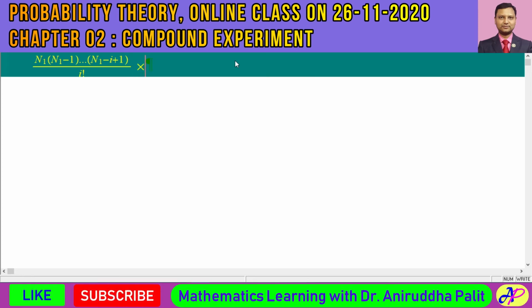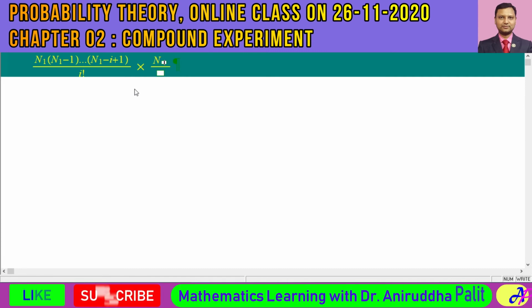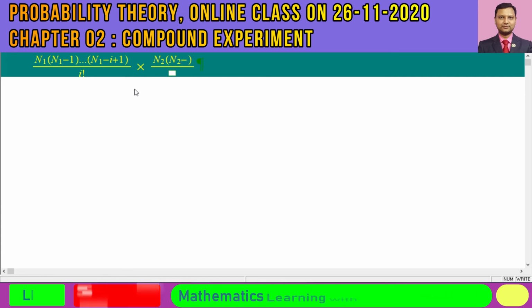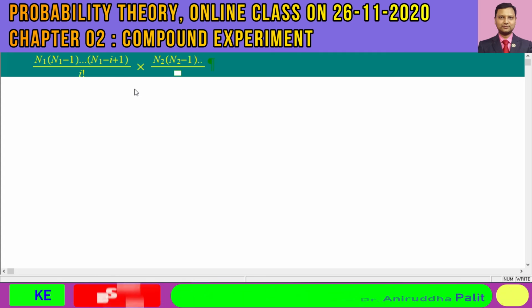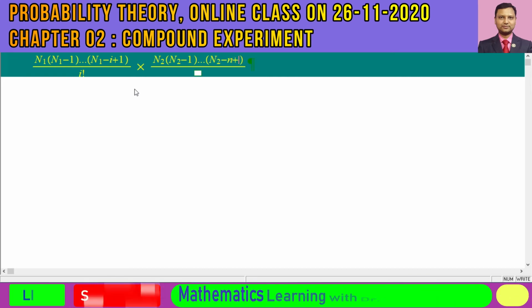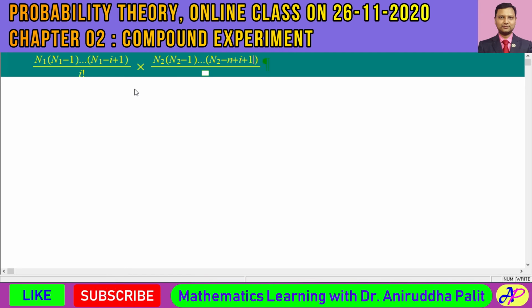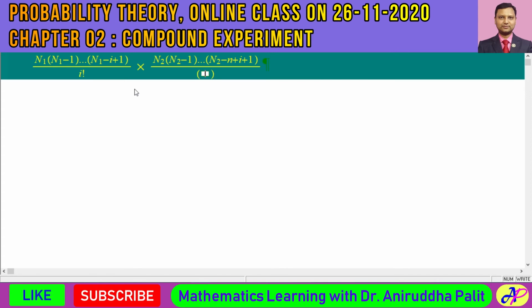The second factor was this kind of factor: n2 into n2 minus 1 dot dot dot n2 minus small n plus i plus 1, divided by factorial of n minus i.